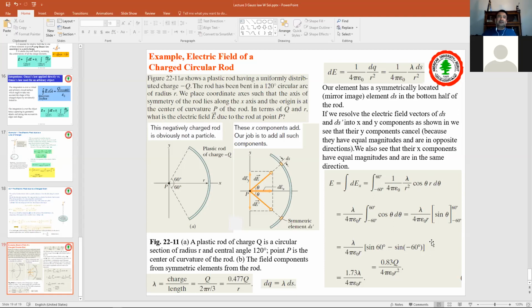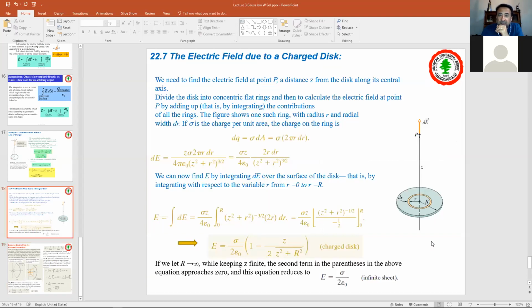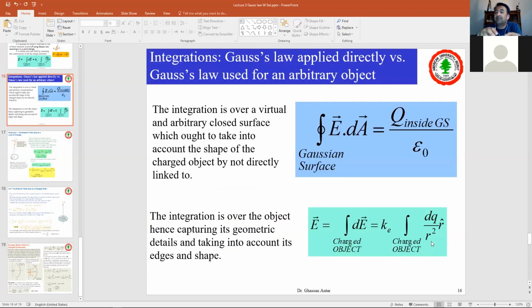So all I want to say at this point is that in practice, we may be using this equation more often than the actual Gauss's law. In this course, more emphasis is given on the actual application of Gauss's law than on these integrations, because I prefer to ask you a conceptual question on Gauss's law rather than have you do the integration.